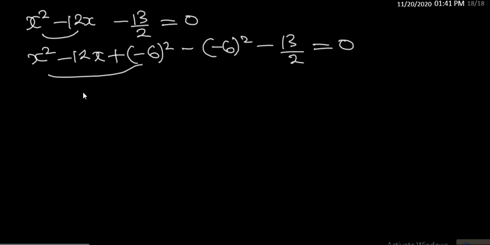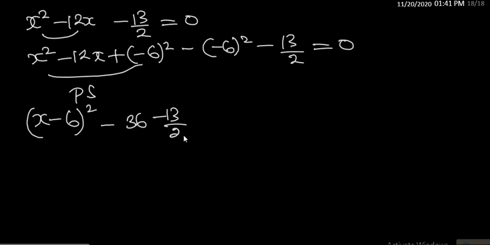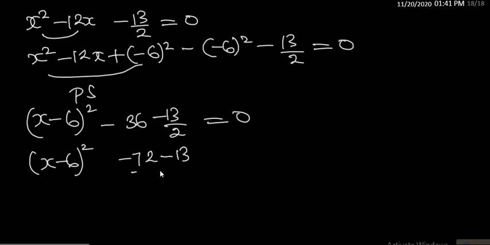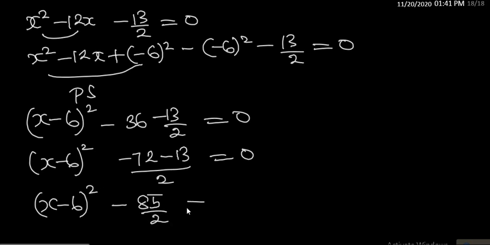And of course, this is a perfect square, so we can factorize by combining the first and the last and squaring it, and then we have minus 36 minus 13 over 2 equals 0. So x minus 6 squared, we can combine this expression to the half of minus 72 minus 13 all over 2 equals 0. And if we add that together, we have minus 85 over 2 equals 0.